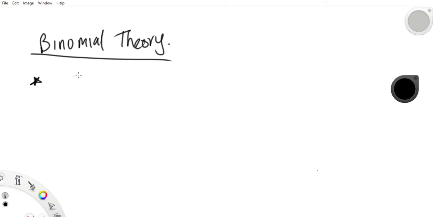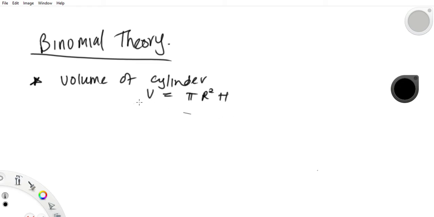So, assume you have a cylinder. The volume of a cylinder is pi r squared h. This is not an assumption, this is the actual volume equation. Now I'm going to say that the cylinder is reduced by its radius by 4%, and I'm going to increase its height by 2%.